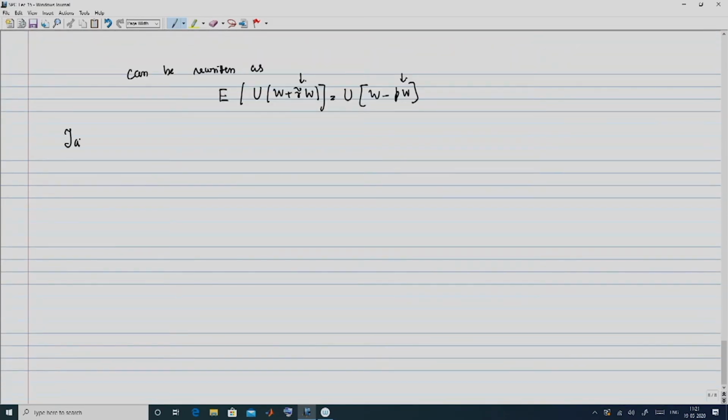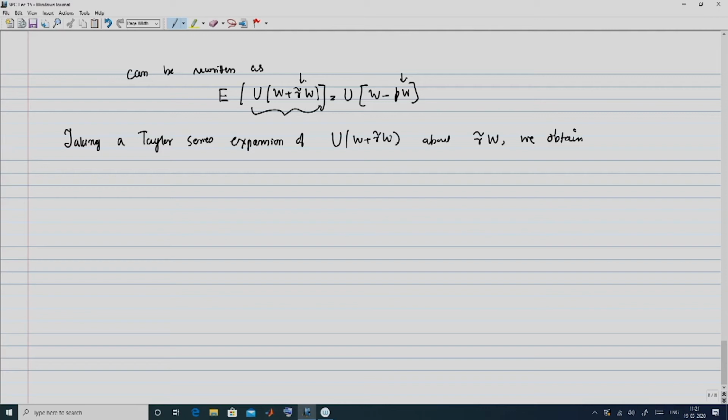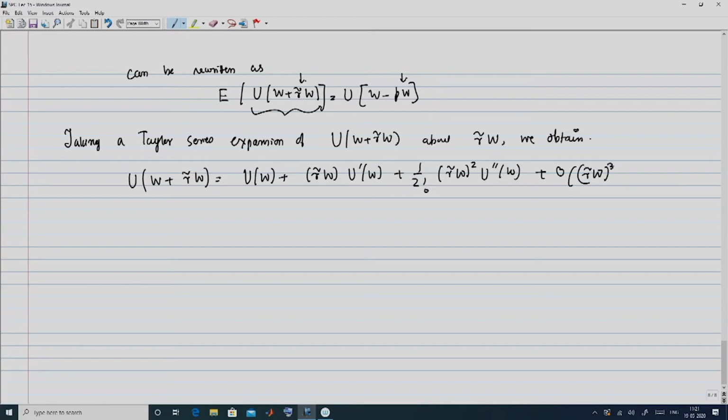We now take the same approach as before, taking a Taylor series expansion of u of W plus r tilde of W about W. We obtain u of W plus r tilde of W equal to u of W plus r tilde of W into u prime of W plus 1 over 2 factorial r tilde of W square u double prime of W plus order of r tilde W cube.